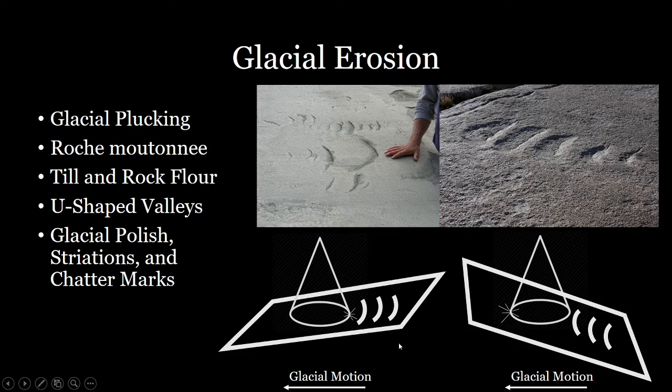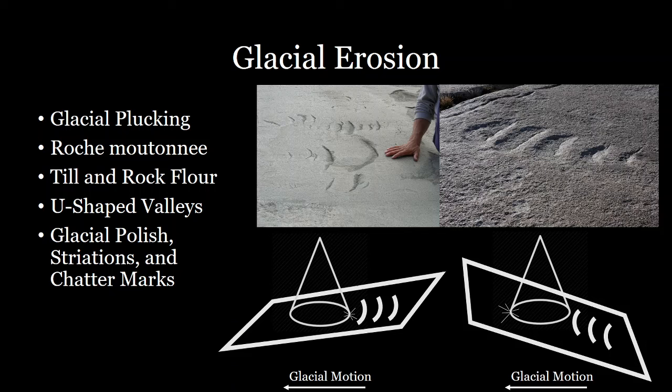If the bedrock slope is in the same direction as the glacier movement, then the back of that cone will hit the surface first, and therefore the curves will point down the glacier motion.